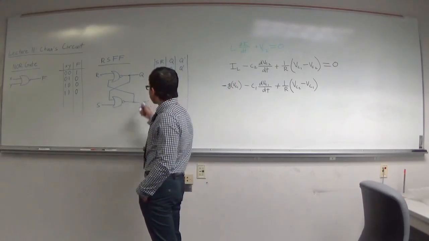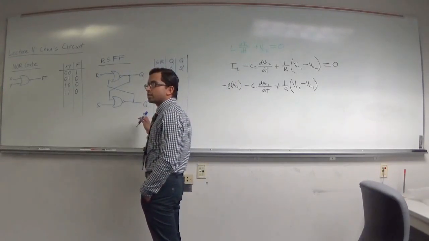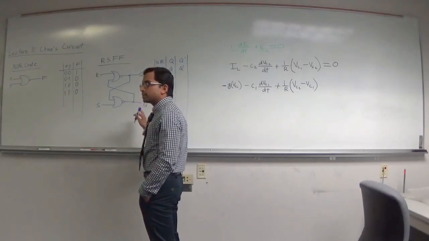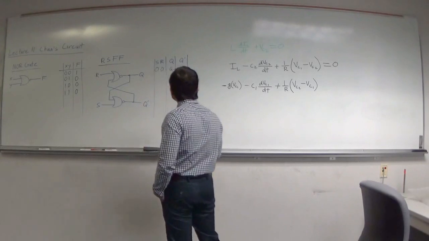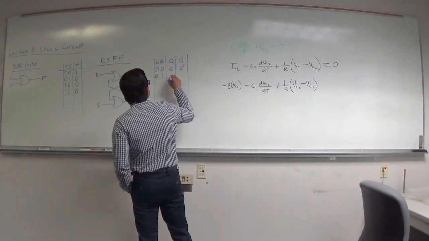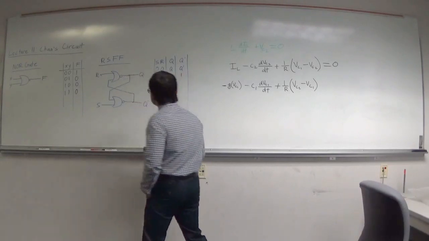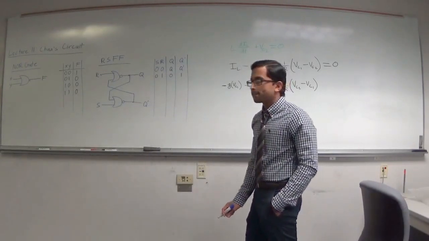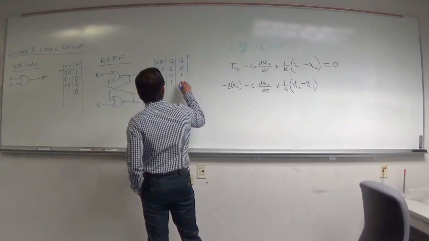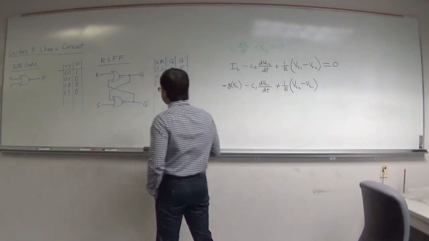If you have 1 there and 0 there, it's going to just stay like that. It's not going to change. If you have 0 there and 1 there, that's what it's going to be. It's not going to change. Now, if you reset the bit, then this is going to be 0, and then Q prime is going to be 1. If you set the bit, then Q is going to be 1, and Q prime is going to be 0.